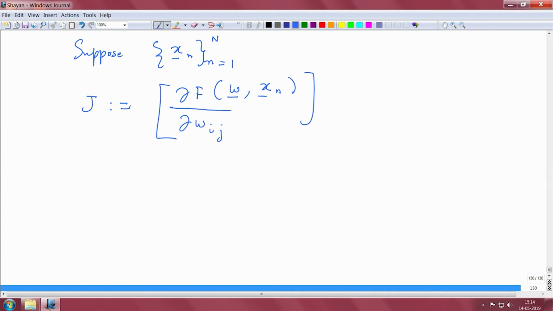I will define what the indices i and j are in the subscript. i goes from 1 to capital W, which is the total number of free parameters, and j goes from 1 to capital N, which is the number of examples.